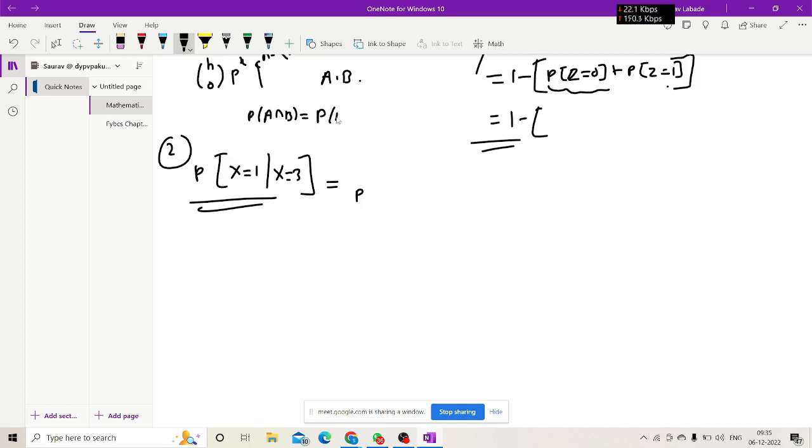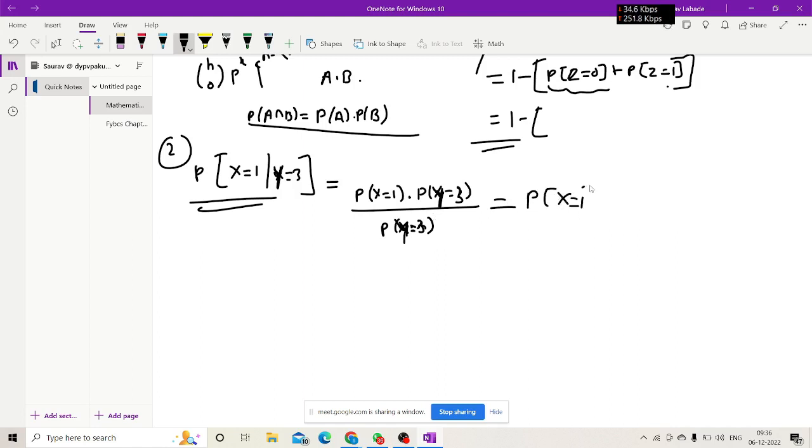It is probability of A into probability of B. So similarly, if these are independent, then the intersection will be probability of x equals 1 into probability of y equals 3, divided by probability of y equals 3. Sorry, it is y here. So this gets cancelled, and that equals the probability of x equals 1.